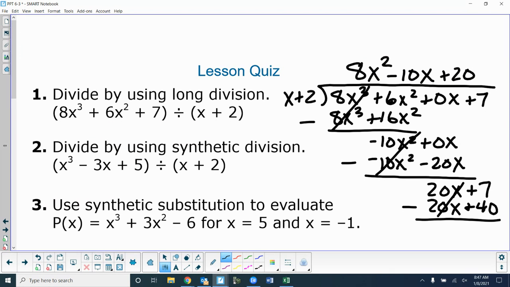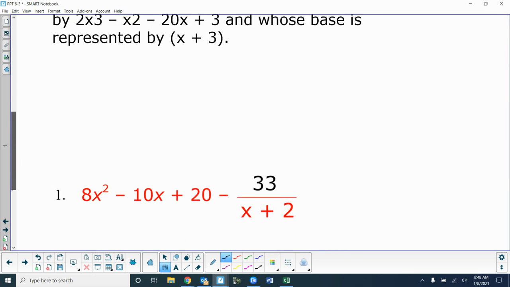Subtract. What's 7 minus 40? Negative 33. That's my remainder. Okay? So I put that as minus 33 over x plus 2. There it is.